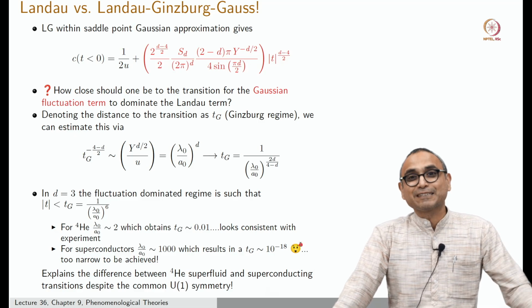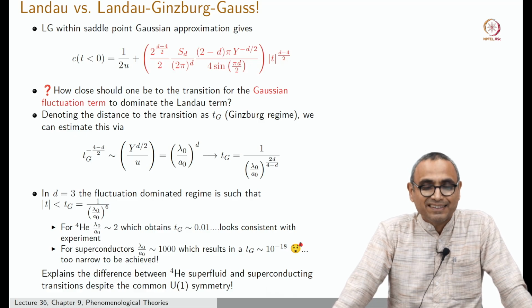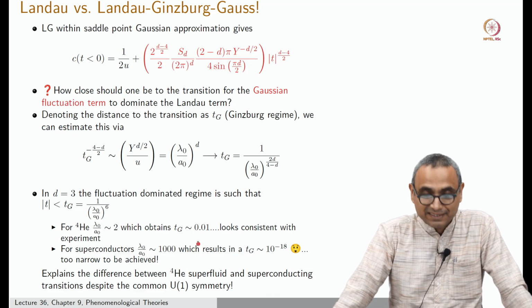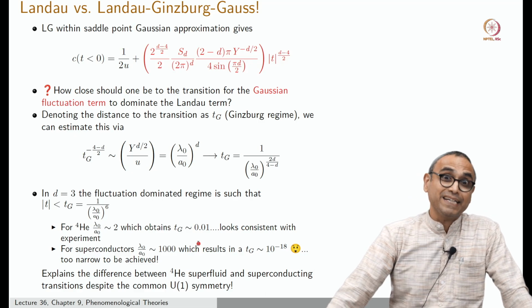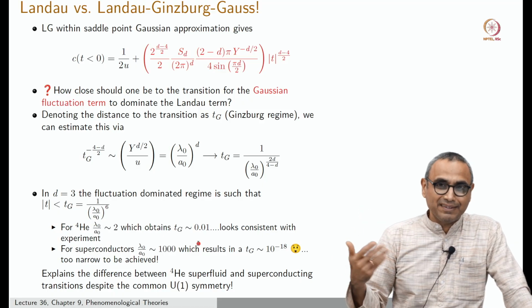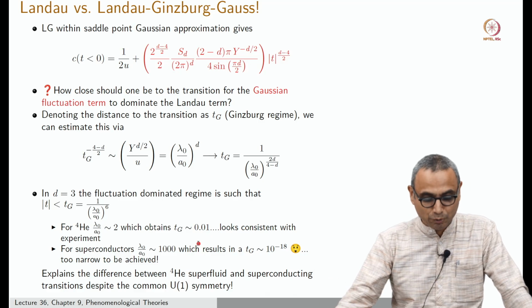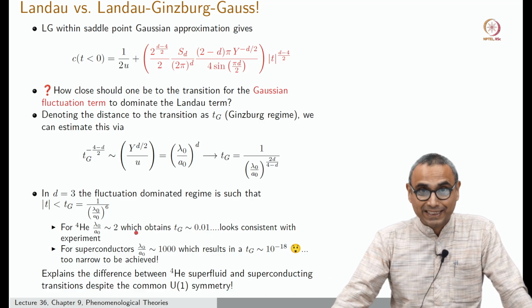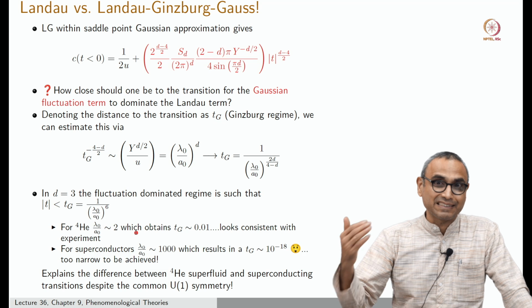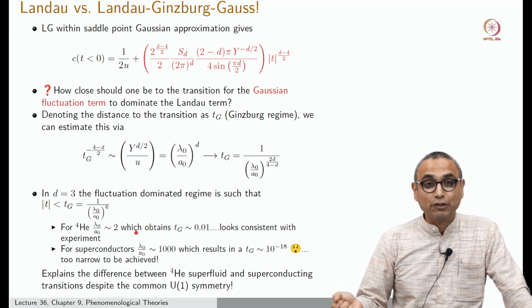So, what this means is that the critical region is basically non-existent in these traditional superconductors, and this is why, despite the fact that Landau theory is predicting divergent specific heat, you do not see the divergent specific heat in the superconductor experiments, whereas you do see some kind of divergent behavior, that is these fluctuation effects coming up and playing havoc, in the case of helium 4.